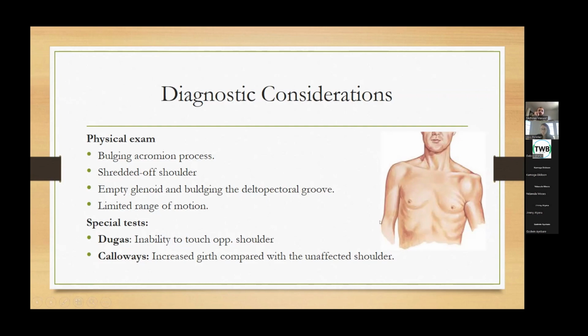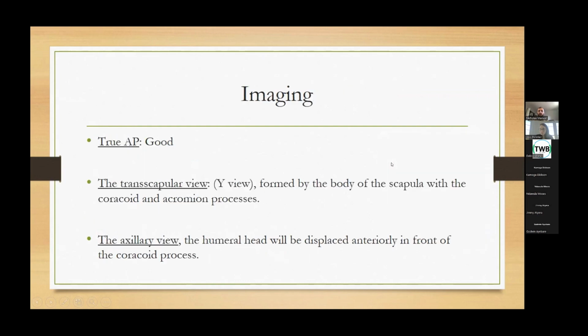So that's what's called a DAG sign. And then the next sign that we can list is the Callaway sign, which is just by looking at the shoulder. This side will appear increased in girth because of edema and the humeral head falling out of position, compared to the normal one.